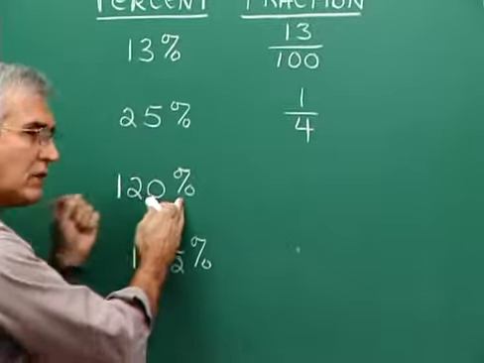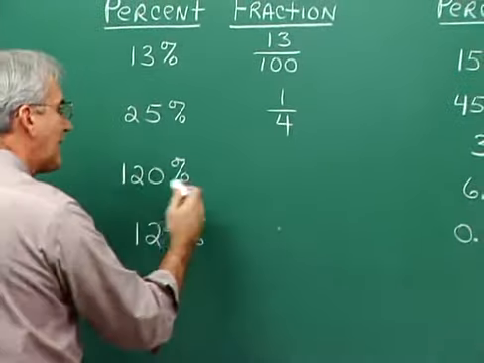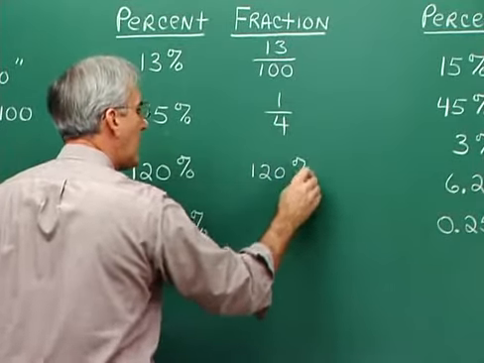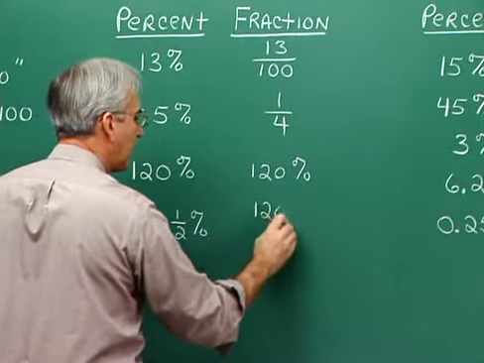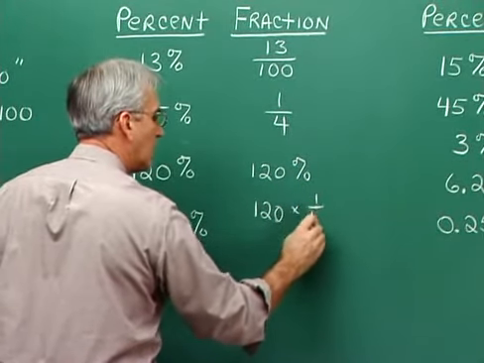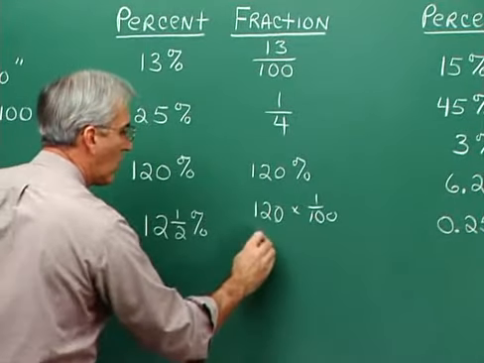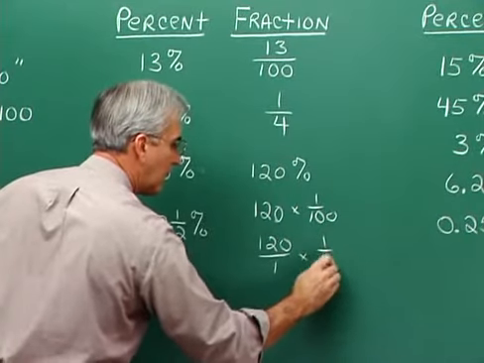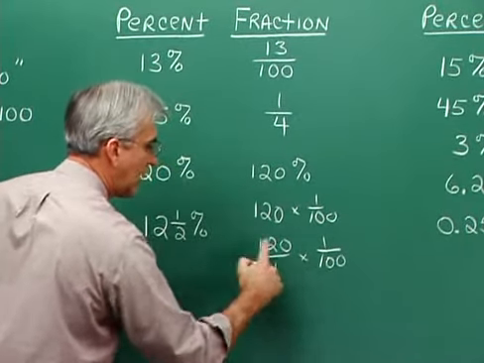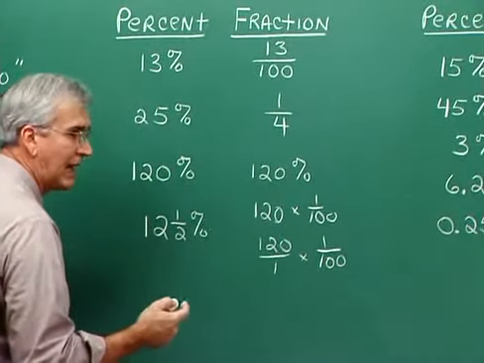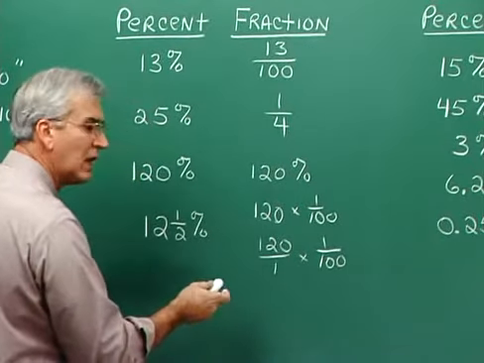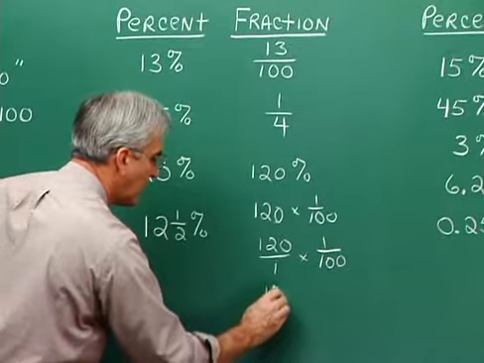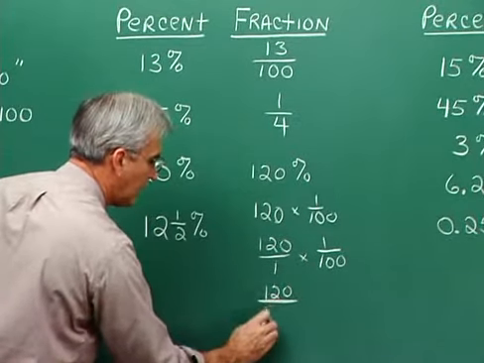Percent means hundredths, so let's go through that kind of strategy, and we would take the 120% and write 120 times 100th, or 120 over 1 times 1 over 100. And once again, we could look for this cancellation. There is a nice cancellation here if we want to take advantage of it, but we really don't have to. We can go straight across. 120 times 1 is 120, and then 1 times 100 is 100.